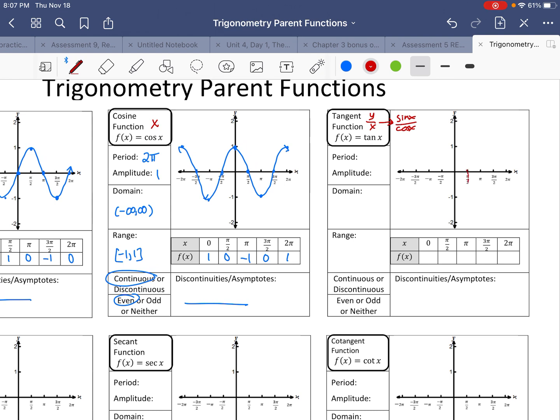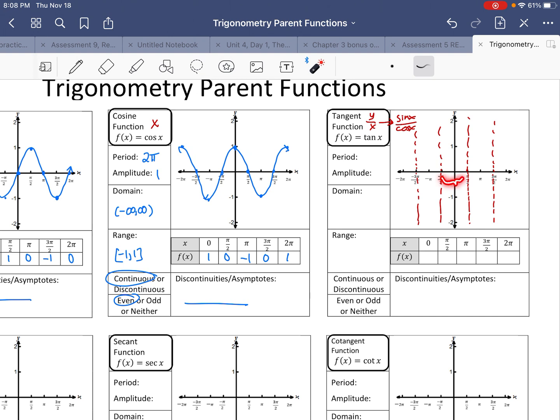So pi over 2 is going to have an asymptote, 3 pi over 2 another asymptote, and we'll do one over here. There are asymptotes all the way, and it's cyclical like the others, so the asymptotes keep reappearing. Notice the distance between the asymptotes right here is a distance of pi, because it's pi over 2 one way and pi over 2 another way.